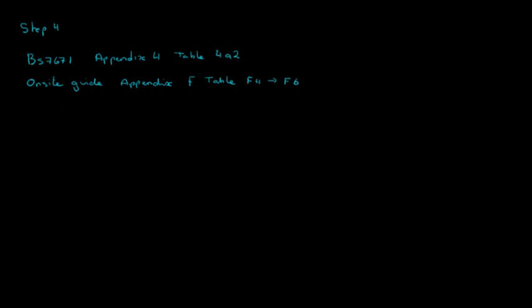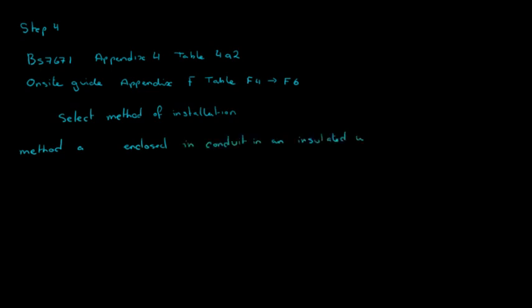What we're going to be doing is selecting our method of installation. So there are a number of methods. First of all, we've got method A. Your cables are enclosed in conduit in an insulated wall cavity. Method B, you're enclosed in a surface mounted conduit, so stuck straight onto the wall.